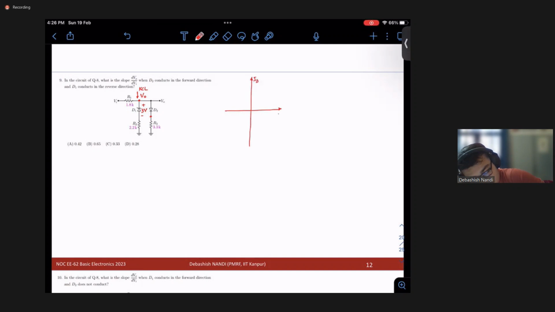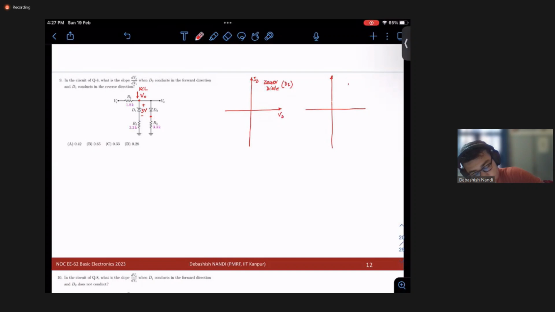This is ID versus VD. Let's say this is for the Zener diode and this is for the other diode. This is D1, this is D2.